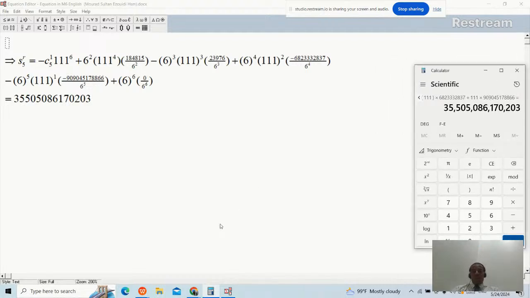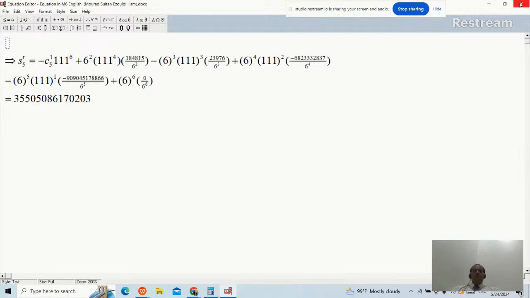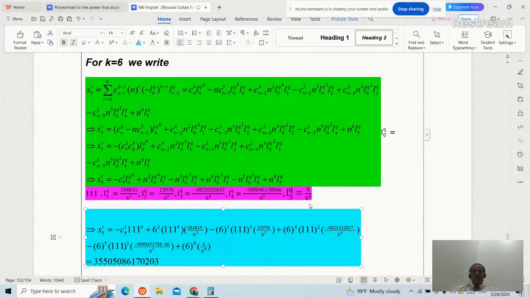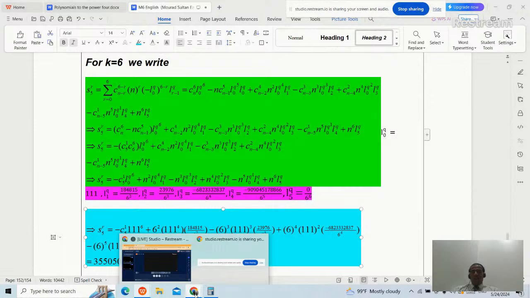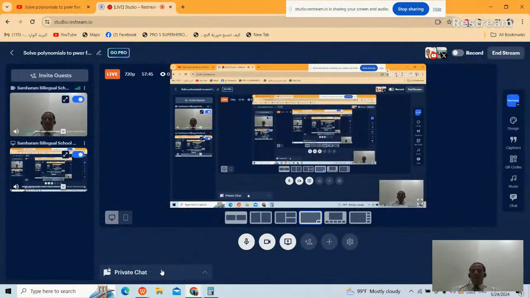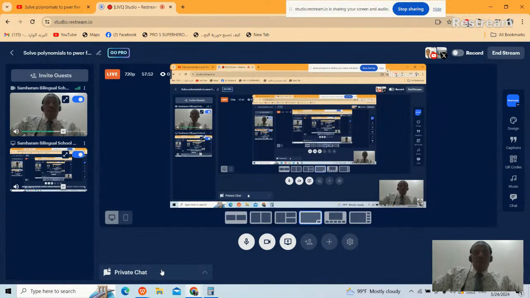Now, after finishing calculating S0 to S5, learners, we can summarize this to write a new polynomial to the power 6, relating to S0, S1, S2, S3, S4, and S5.